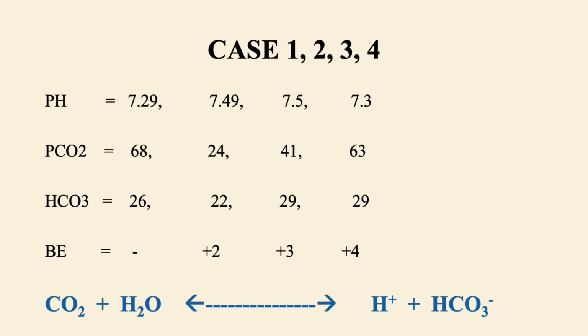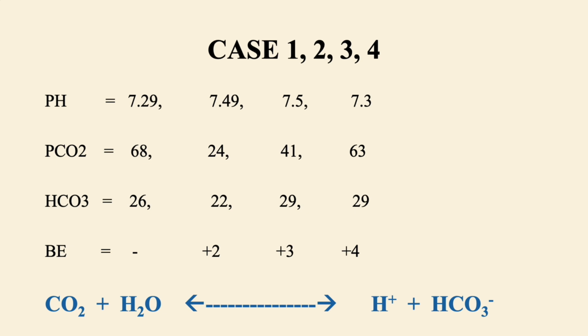Now let's go for the second one. pH is 7.49, which is more than 7.45, which is high. CO2 is low, and bicarb is also low. So here there are two disorders. The primary one is respiratory alkalosis, but you also have metabolic acidosis in the mix.